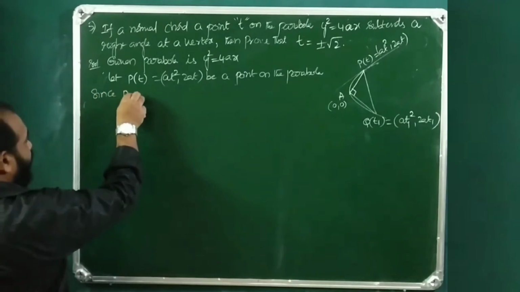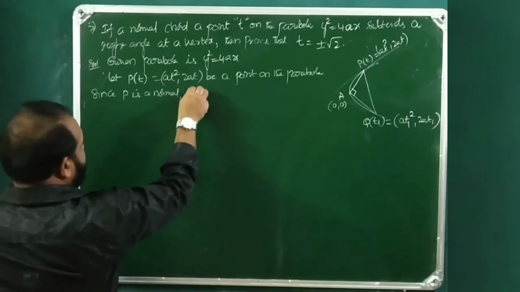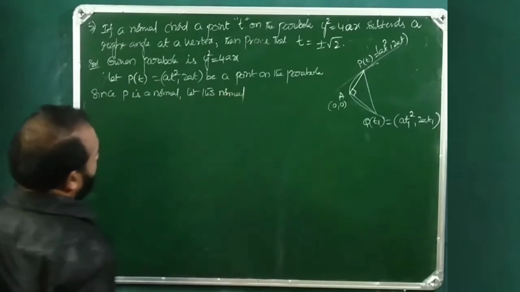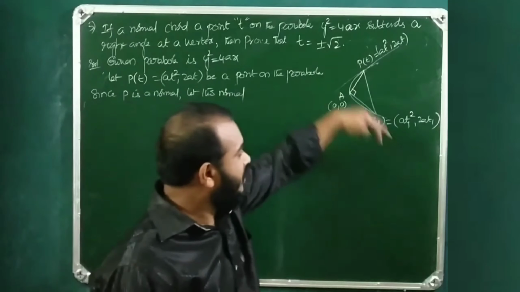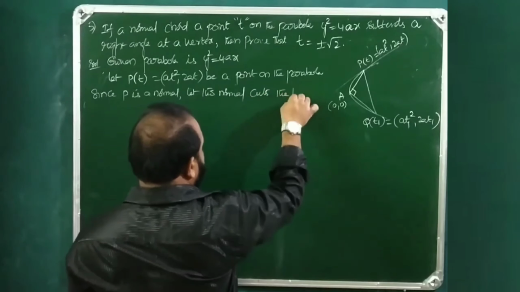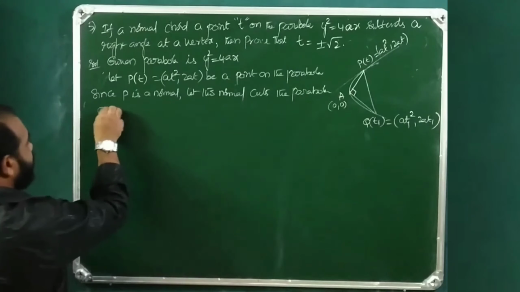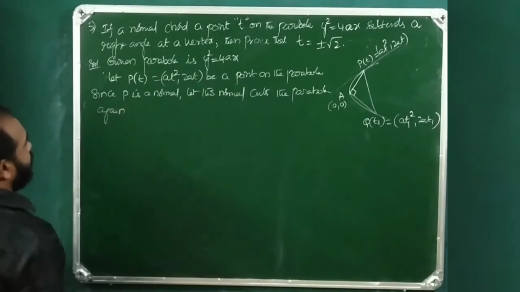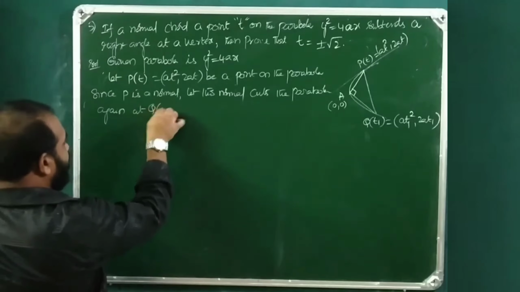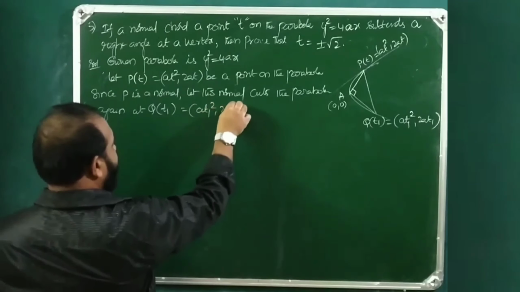Since PQ is a normal, let this normal cut the parabola again at Q of t1, which is a t1 square comma 2a t1.